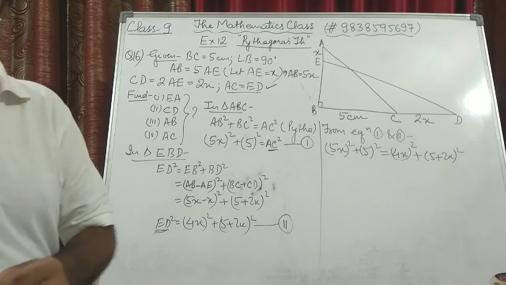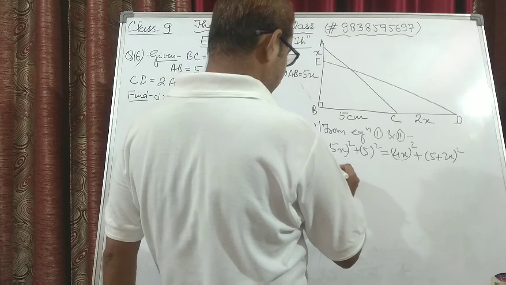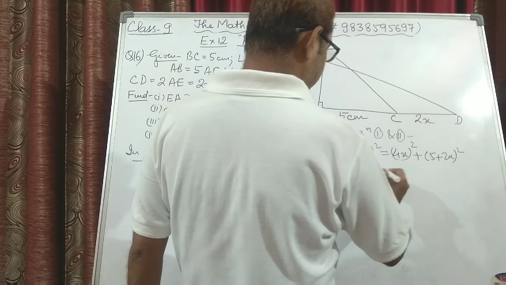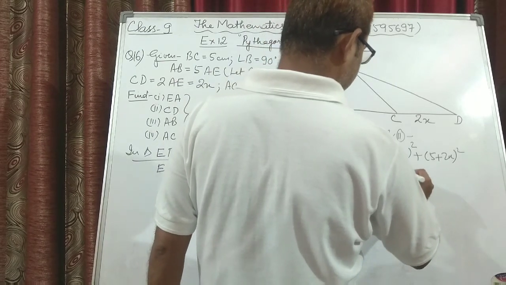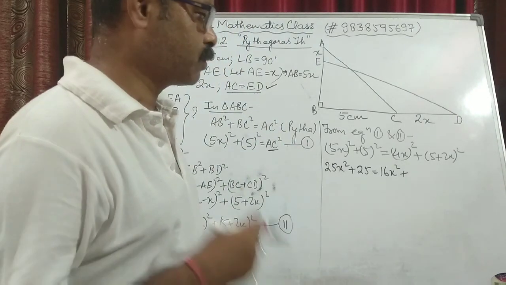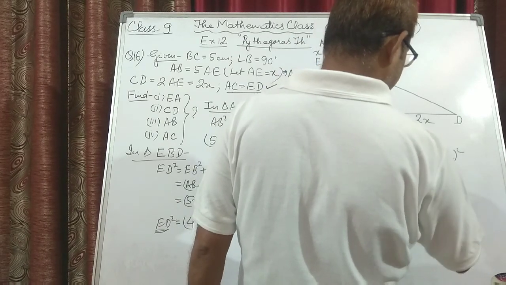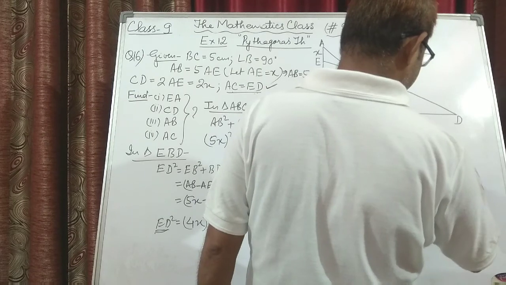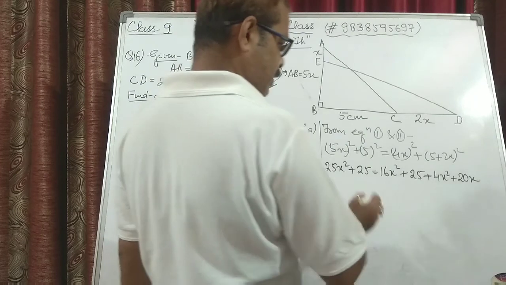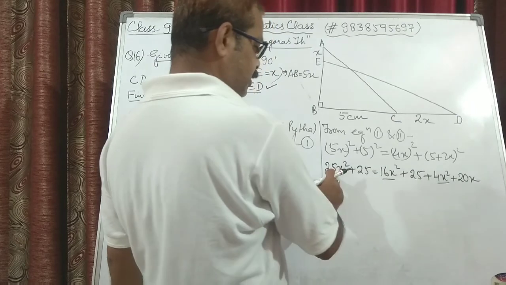Now when we solve it out, (5x) square can be written as 25x square, plus 25, equals 16x square plus (5 plus 2x) whole square, which will be solved by the identity (a plus b) whole square equals a square plus b square plus 2ab. So 5 square is 25, plus 4x square, plus 2 into 5 into 2x which is 20x. Now 16 and 4 is 20x square, positive, here it is 25x square.